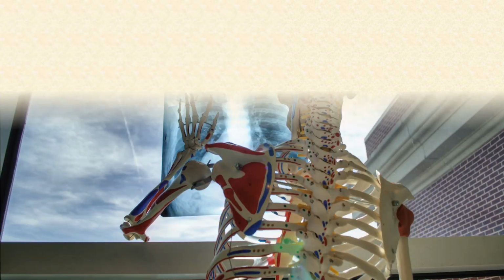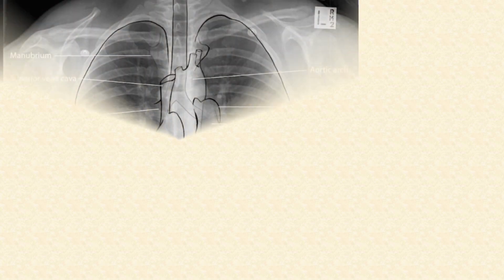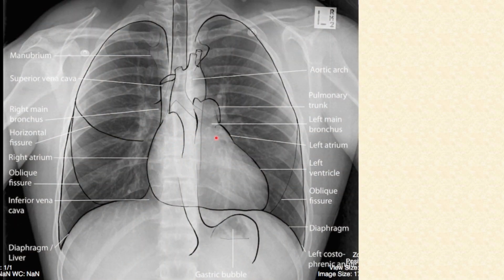As you might be wondering, what is the normal anatomy of the chest X-ray? So let's have a brief look at that as well. This is an image showing the normal chest X-ray. We can see the cardiac shadow with well-defined borders. We can appreciate the borders of the heart very well.